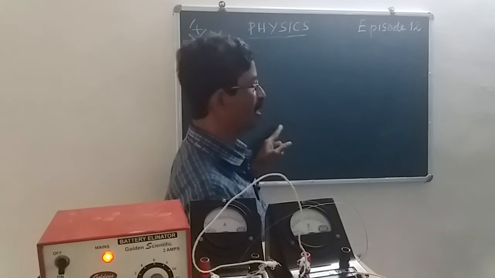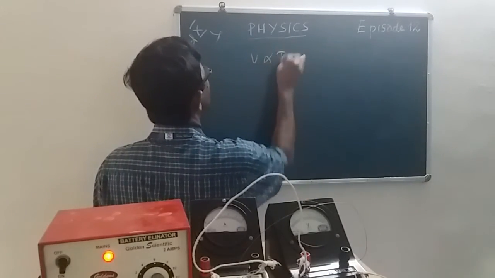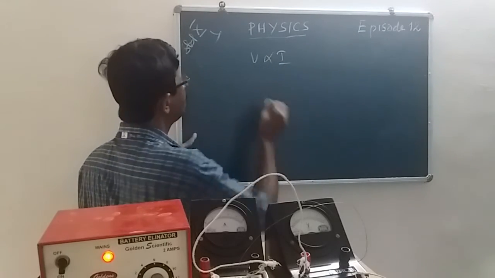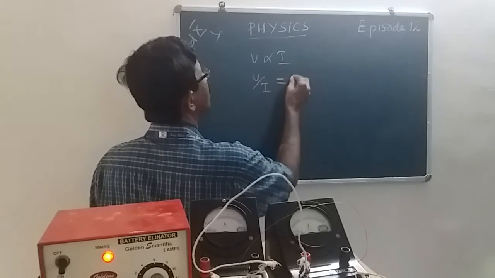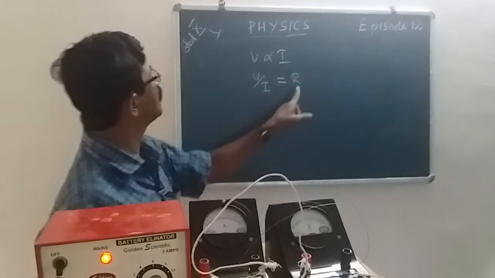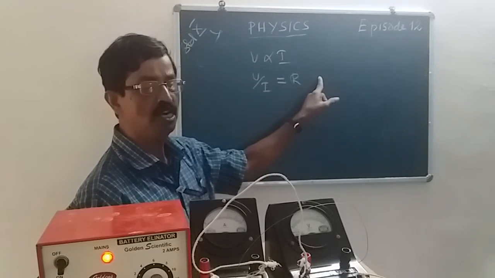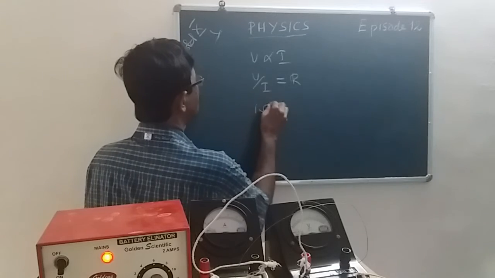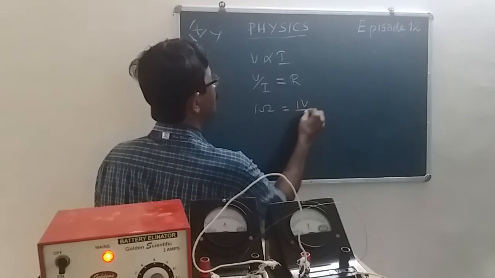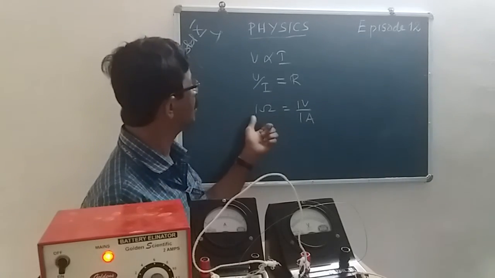How do we represent it mathematically? V is proportional to I, and from that V by I is equal to a constant. The name of this constant is resistance, and its unit is ohm. Also 1 ohm is equal to 1 volt by 1 ampere.